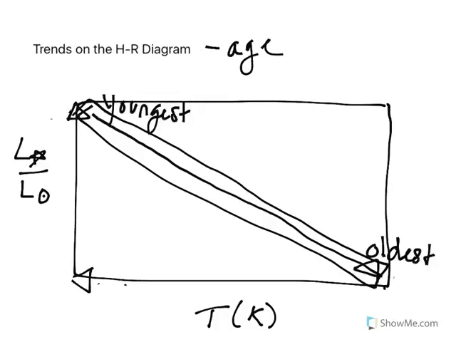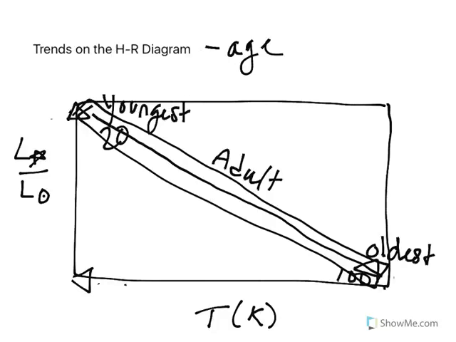Now what I mean by youngest and oldest, you want to think of these stars as adult stars. They're all adults, but the 20-year-olds are up at the top, and the 100-year-olds are down at the bottom. The stars are fully developed, normal stars, just the youngest ones are at the upper left, and the oldest ones are at the bottom right.